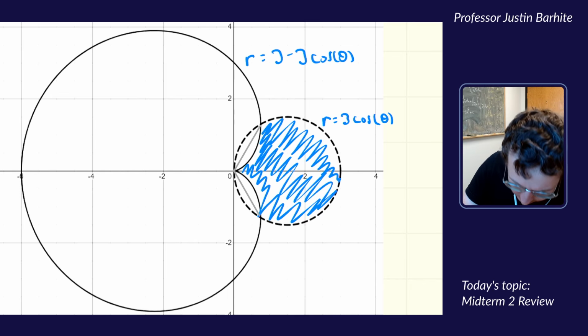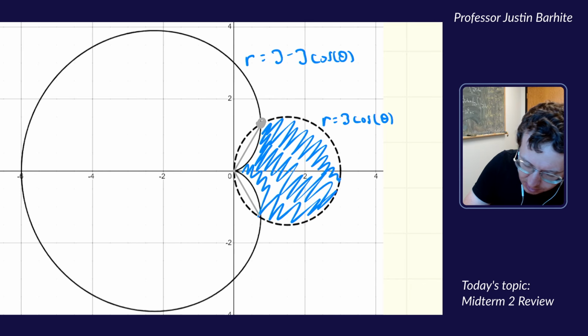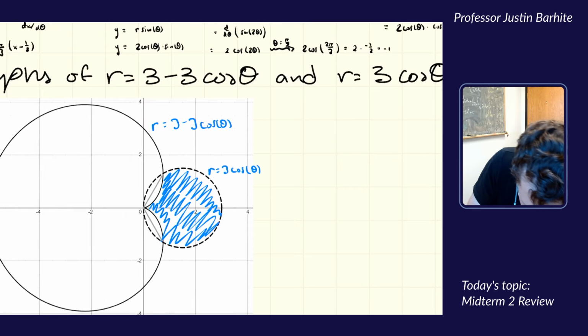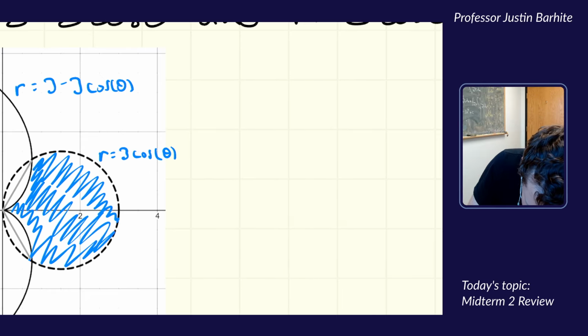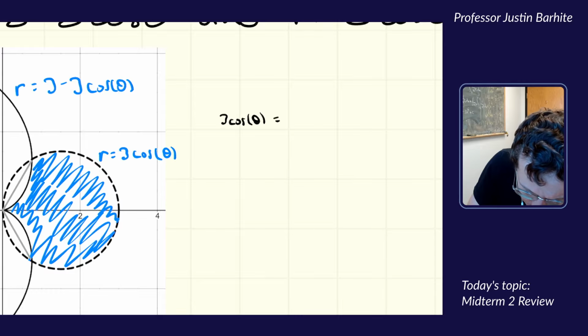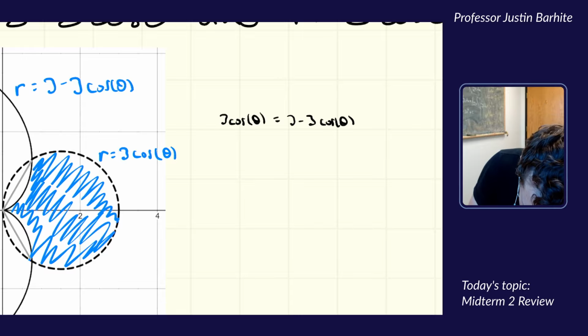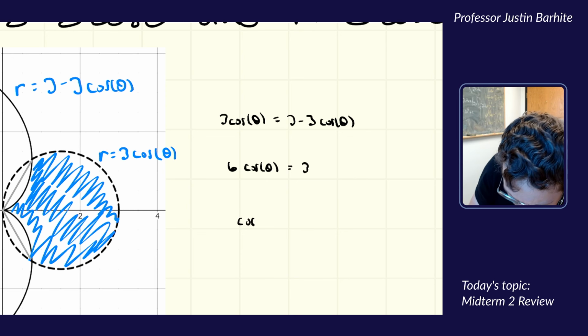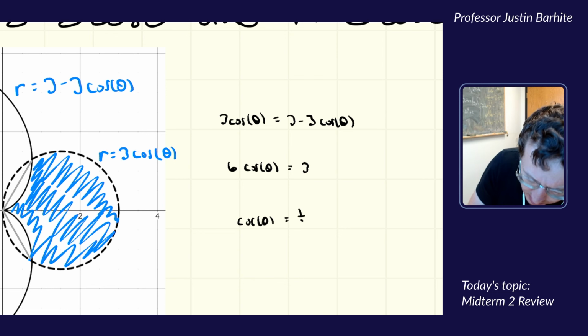Now to find those angles, I need to set the curves equal to each other and find the points of intersection. So that means setting 3 cosine theta equal to 3 minus 3 cosine theta. If I add 3 cosine theta to both sides, I get 6 cosine theta equals 3, or cosine theta equals 1/2.